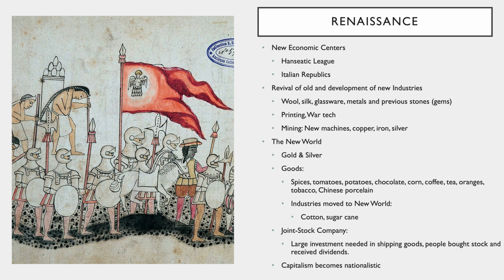So what do you do? Well, you create tariffs, right? You tax the imports. That way your shoemaker is able to compete with a foreign shoemaker, and hopefully you buy the French rather than the English, right? That way you protect your market.